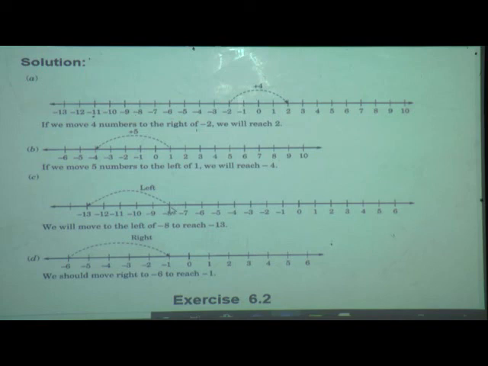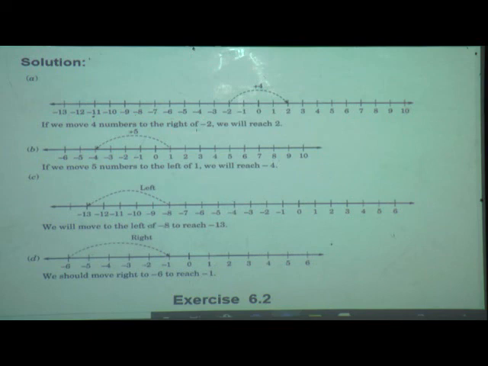So they have already reached -13. Okay, from -8 it has reached -13, but they don't know how many steps they moved and in which direction, whether they moved in the left direction or the right direction. So we have to find it.